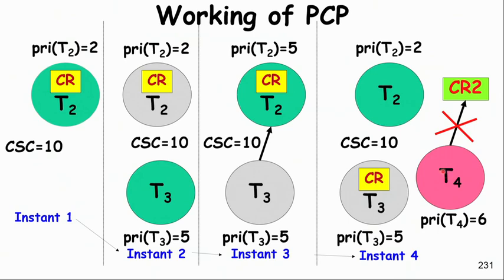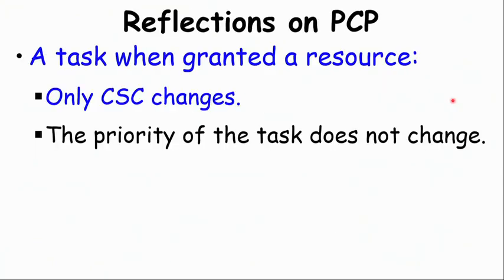Since it is requesting an idle resource CR2, it will not be granted, because in the priority grant clause the priority of T4 will be compared to the current system ceiling, and since the current system ceiling is more than the priority of T4, T4 will not be allowed to lock the resource.